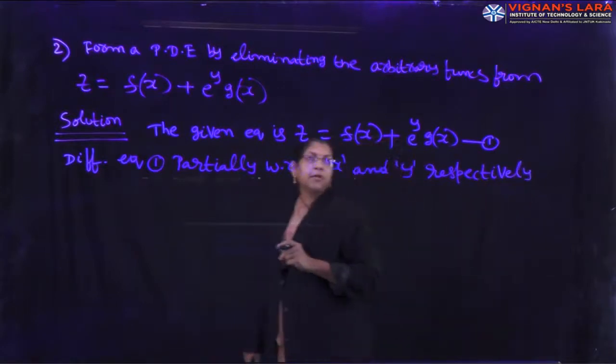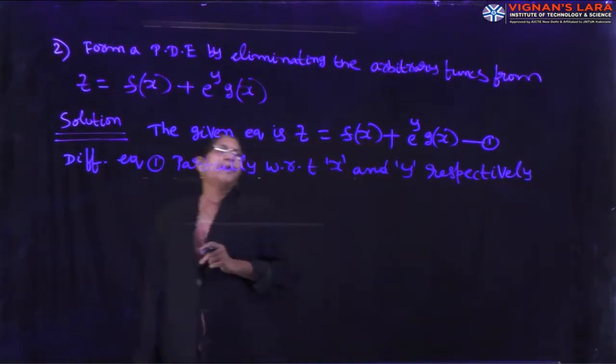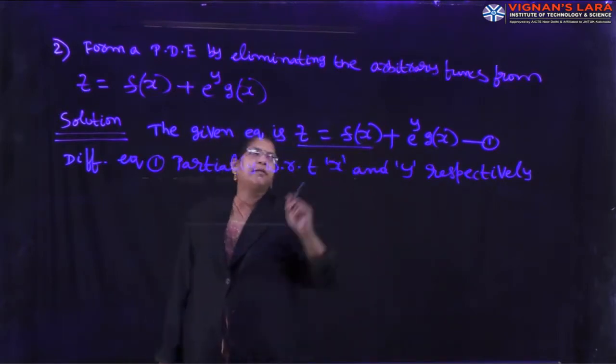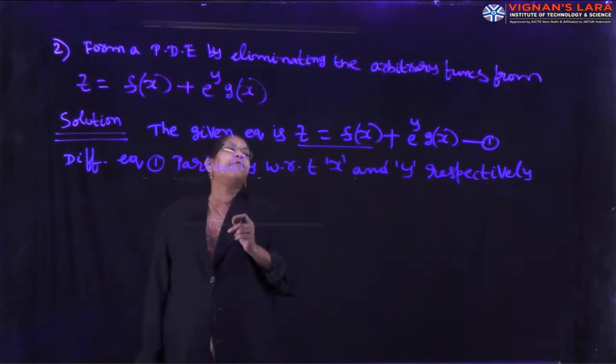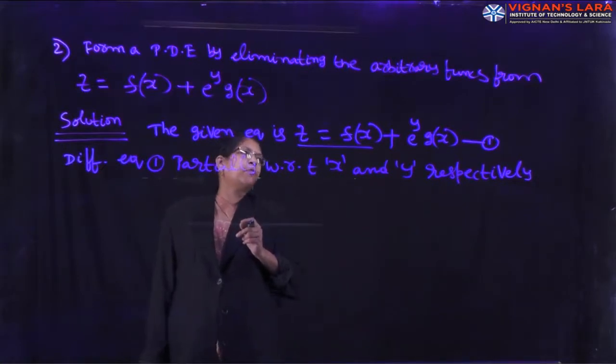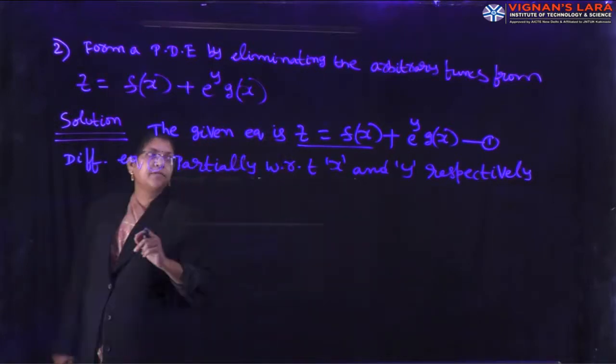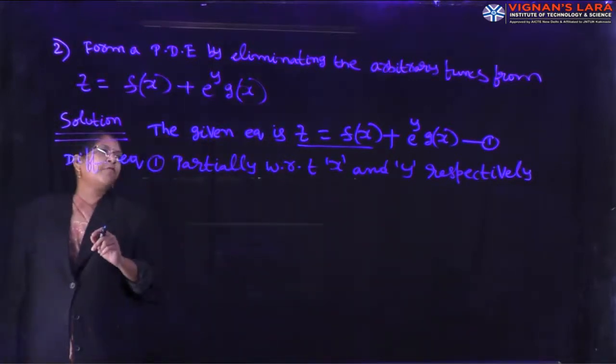That means first we will differentiate equation 1 partially with respect to x, and then we differentiate the same equation 1 partially with respect to y. Now we will differentiate equation 1 partially with respect to x.